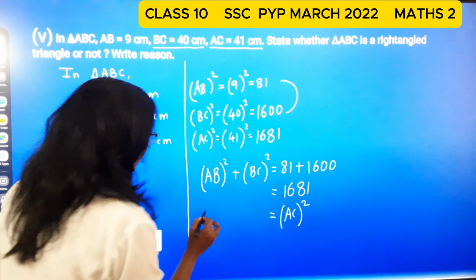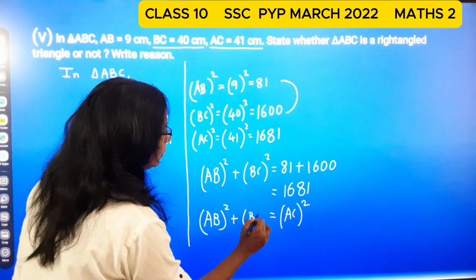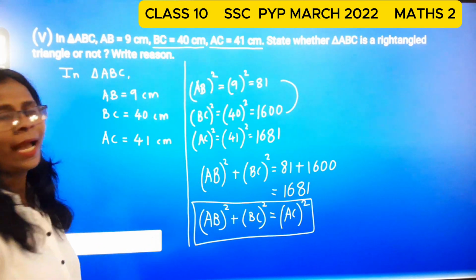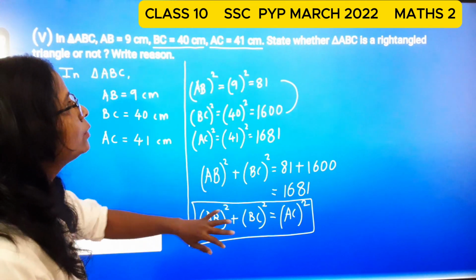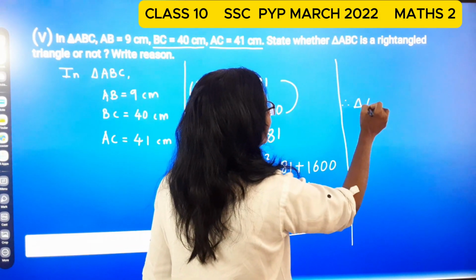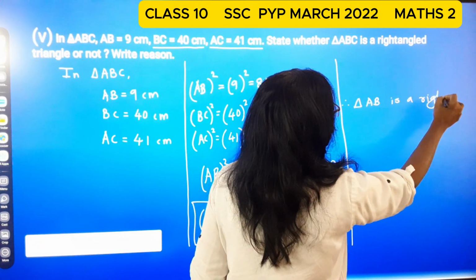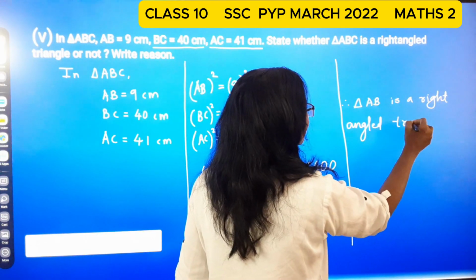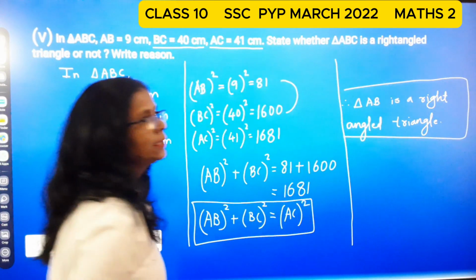So AB square plus BC square is equal to AC square. From this we conclude that therefore triangle ABC is a right angle triangle.